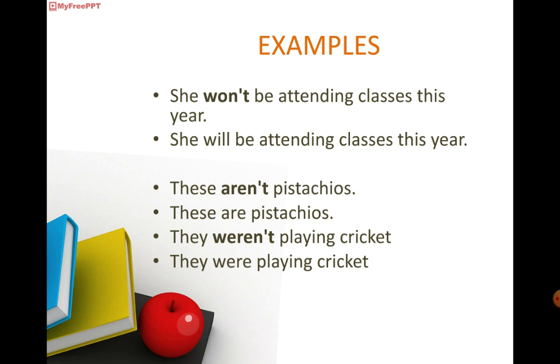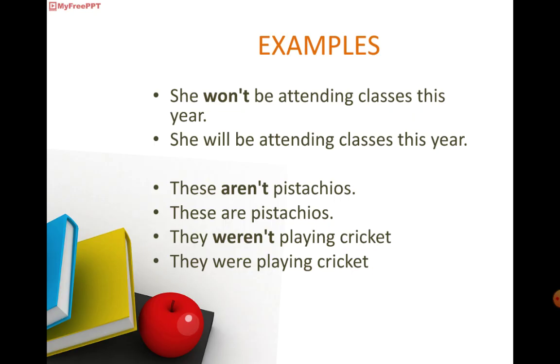Remove not, you will have a positive sentence. These are pistachios. Next sentence, they were not playing cricket. Remove not to make it positive. They were playing cricket is a positive sentence.